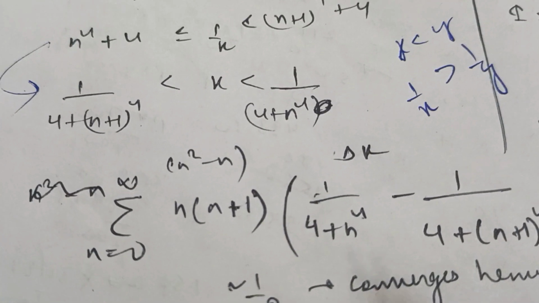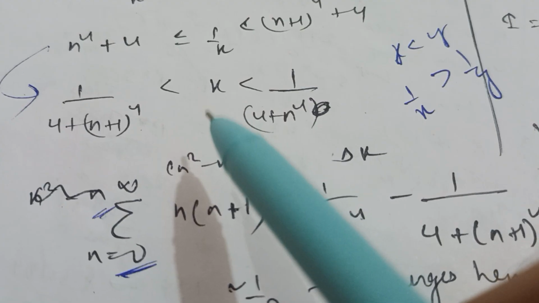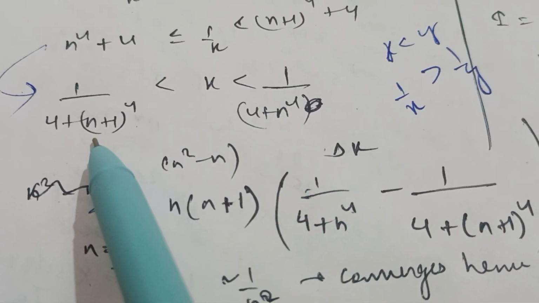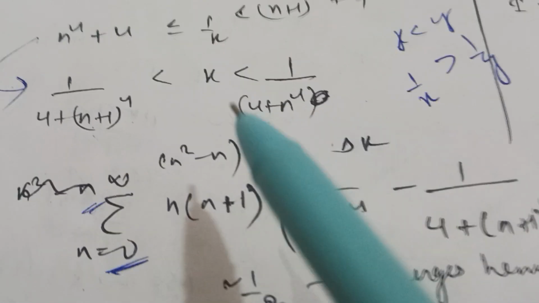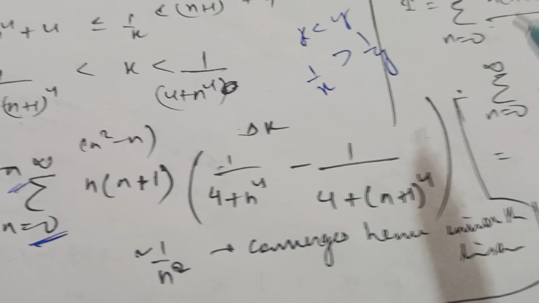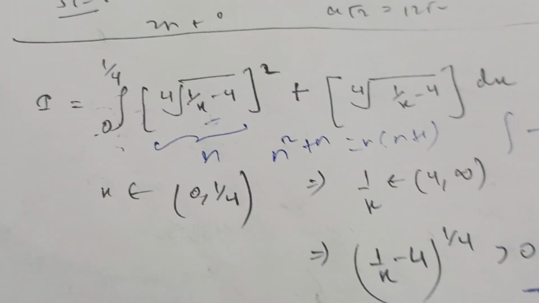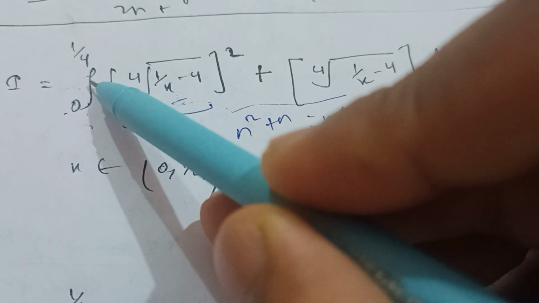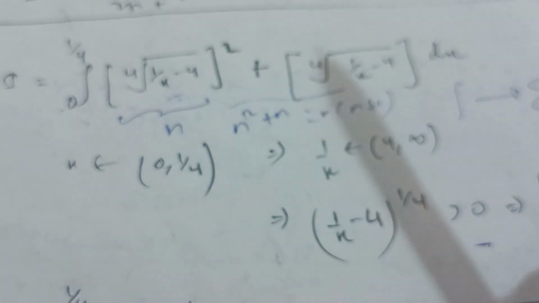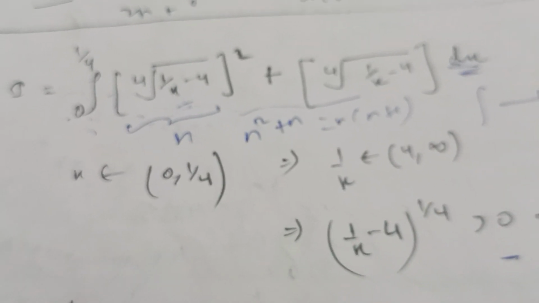For converting to a summation, you need to manage the integral. For n equal to 0 to infinity, x will be from 0 to 1 by 4. And for dx I will have to write a delta x term. This was the original integral, and this becomes n into n plus 1, and this becomes the summation n equal to 0 to infinity over the range that I have concluded, and this dx will be replaced by delta xn.